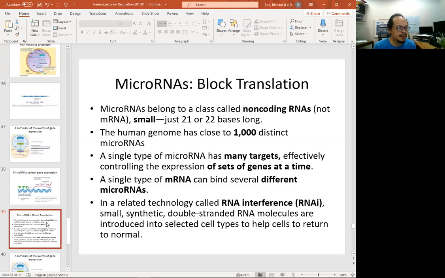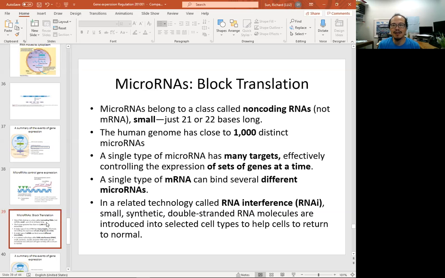These are part of the non-coding RNA. They don't provide proteins. They are RNA only. They are small, and the human genome has about 1,000 different microRNAs. So the job of this RNA is to make the final stop.